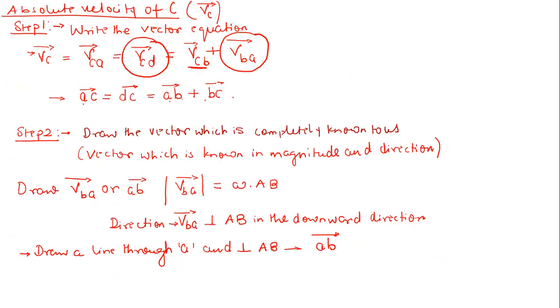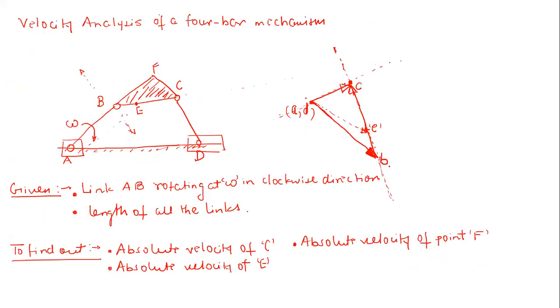Now let us go back and draw this. So first of all, take this line BF, and draw a line through B which is perpendicular to this BF. So this is somewhere going here, and this is your perpendicular to BF.